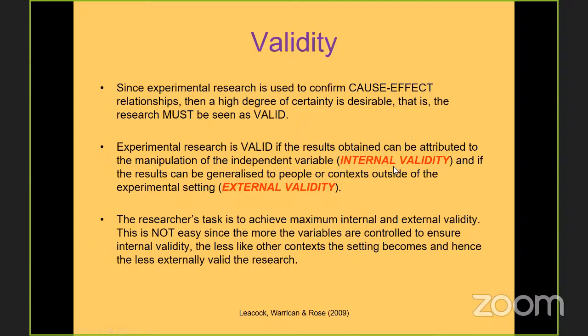Internal validity means that within that actual experiment, there's actually a relationship between the dependent and independent variable. External validity means that you can generalize from that result to the rest of the population.